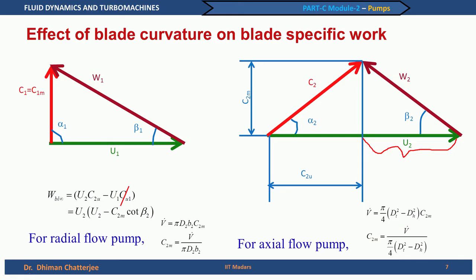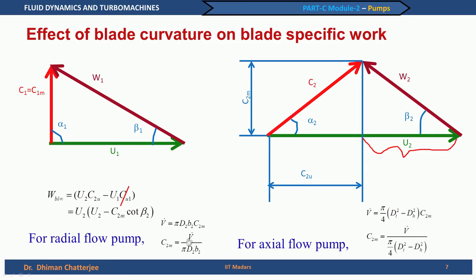What am I trying to say from this is that C M is directly proportional to V dot for a given pump. I can write that C 2 M is nothing but some proportionality constant which depends on the area times the volume flow rate.